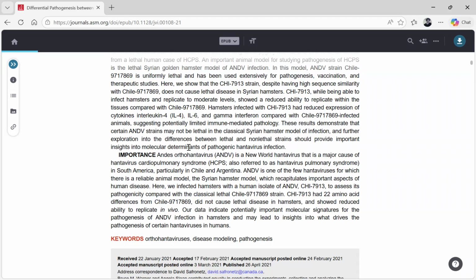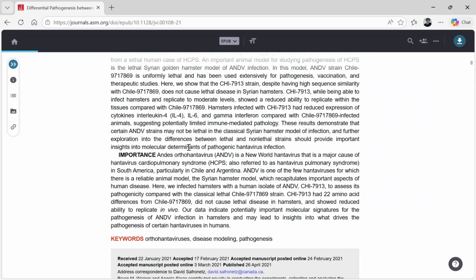Here, we infected hamsters with a human isolate of the Andes virus CHI-7913 to assess its pathogenicity compared to the classical lethal Chile 9717869 strain.